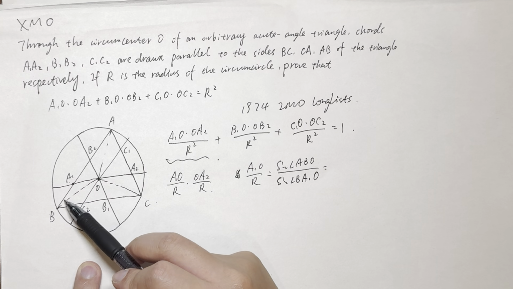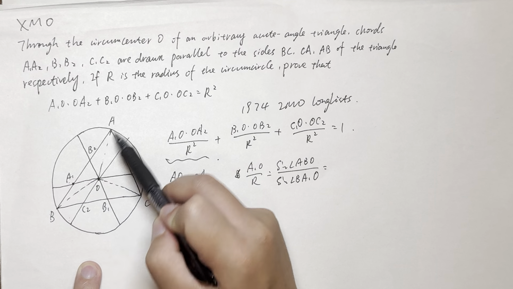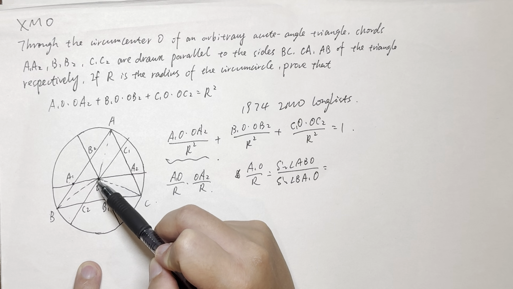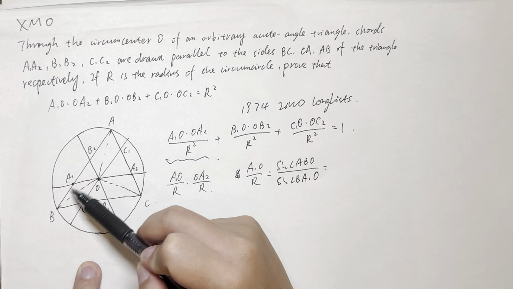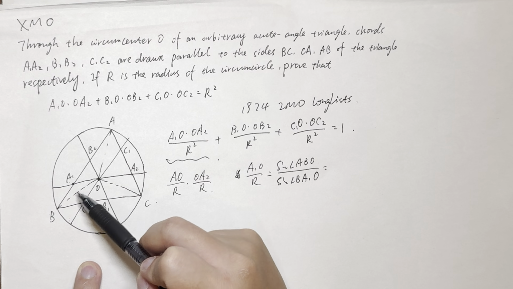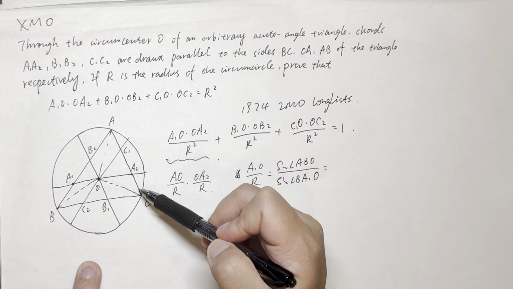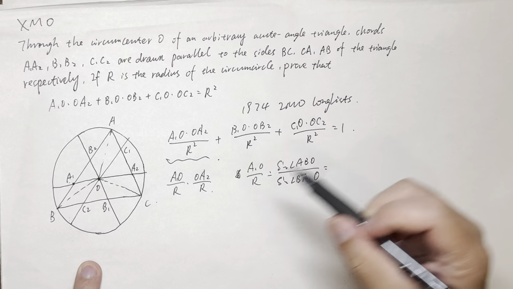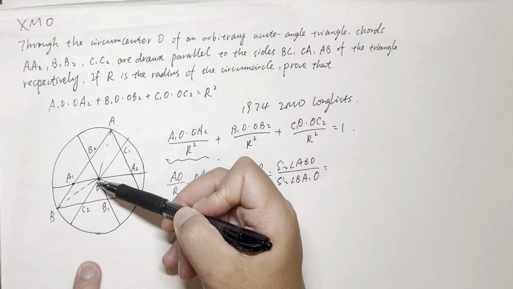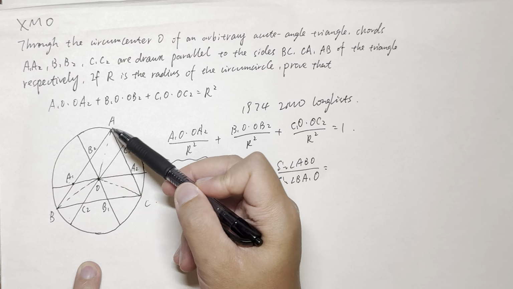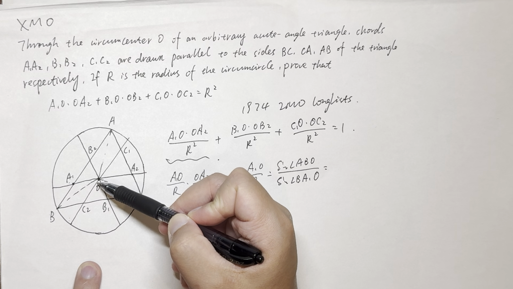Angle ABO equals angle BAO, which is 180 degrees minus angle BOA, and then divided by 2, right? And we know angle BOA is twice angle C, which means angle ABO is 90 degrees minus angle C.